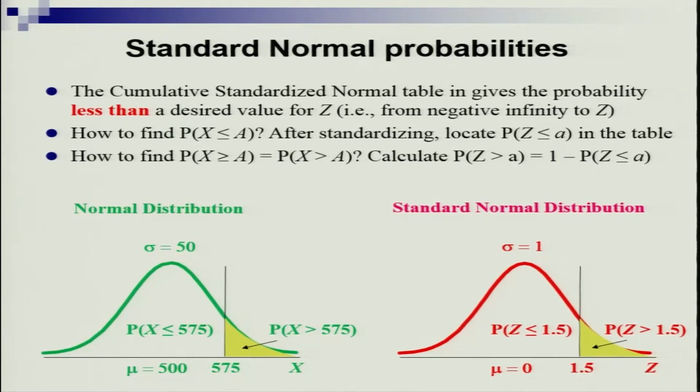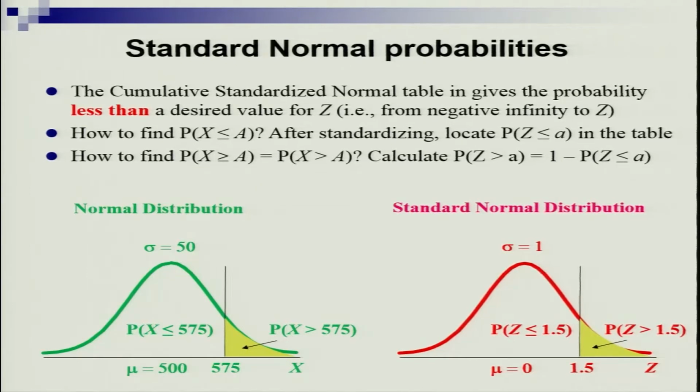It is derived as the difference a minus mu divided by the standard deviation sigma, and that is how you get small a from capital A. Once this expression is final, you go to the table and figure out the probability. How? That we are going to show next.